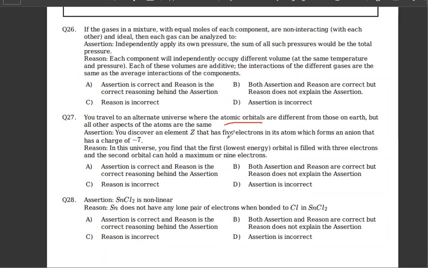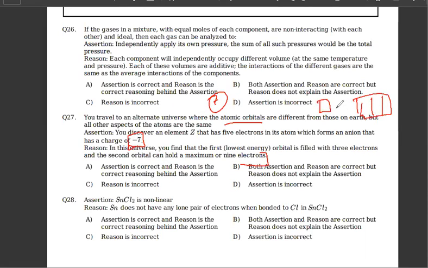So you discover an element Z that has 5 electrons in the atom, and it can take 7 electrons, yes or no? Now, you find the first ionization energy if you remove 3 electrons. Now, don't you think that we have s and p?